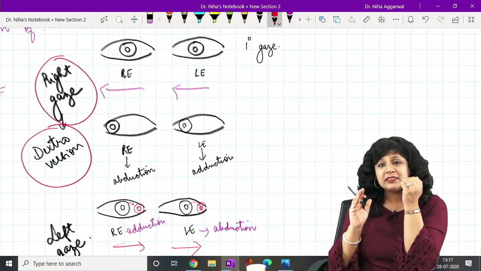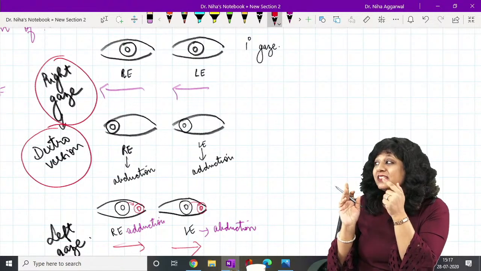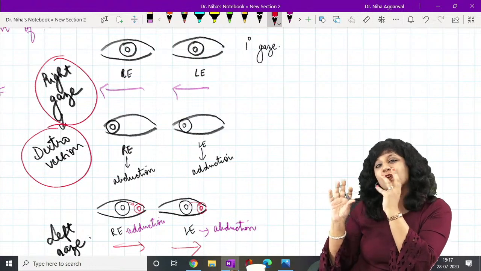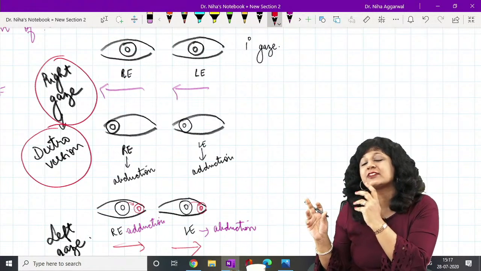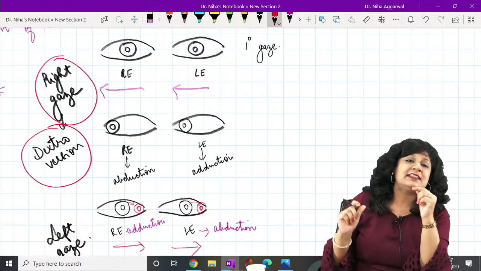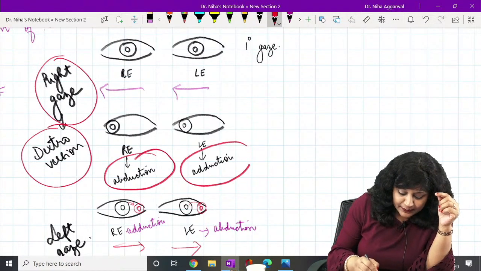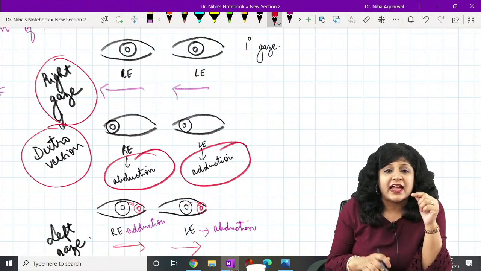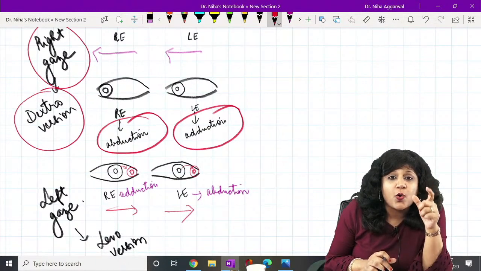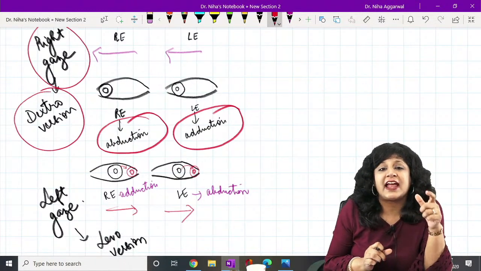So if both my eyes are seeing in the right, that is called right gaze, that is called dextroversion. But in this scenario, one eye will be abducting and one eye will be adducting, so what will be the yoke muscles of this right gaze?